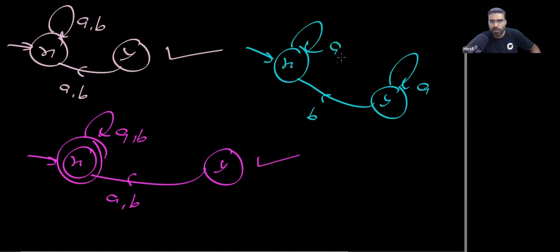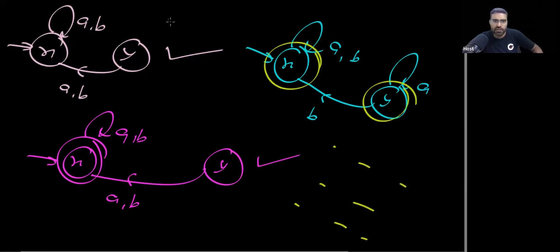Is this point clear? Total how many? If you do like this, 64 DFAs you can create. Please tell me, did you understand this question?